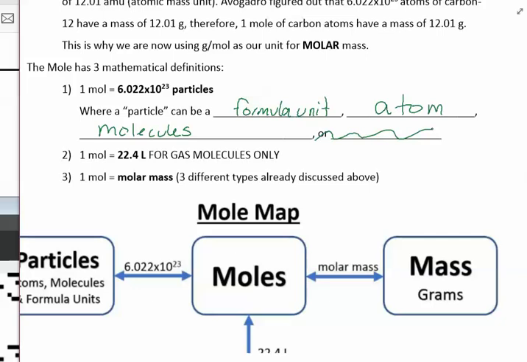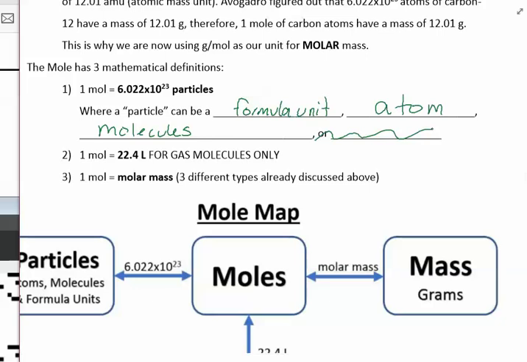So this mole quantity allows us to do a lot of calculations. Not only can we figure out how many physical particles there are in a specific amount of a substance, but it also allows us to determine the volume of gas molecules. If you think of a gas, there aren't a lot of gas molecules in a certain area.